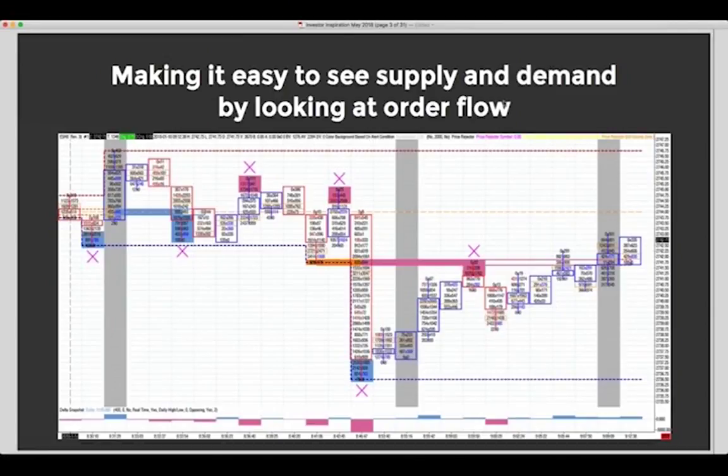There's no point us with our 1 lot, 2 lots, 5 lots trying to fight the bigger participants in the market. So if we are able to determine where there is supply and where there is demand, so we've got some levels to trade on, and for all of the buying and selling battles, we can understand who's winning. If we stay on the right side of the market, we've got a chance of making some money.